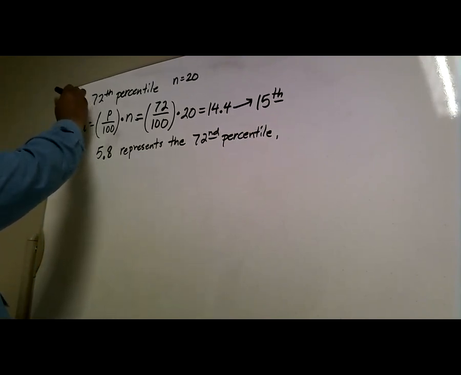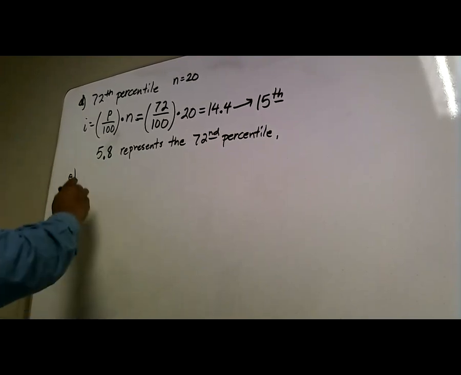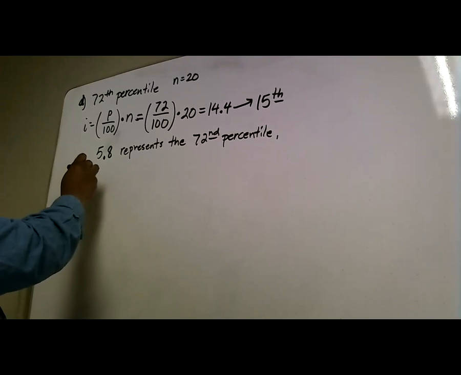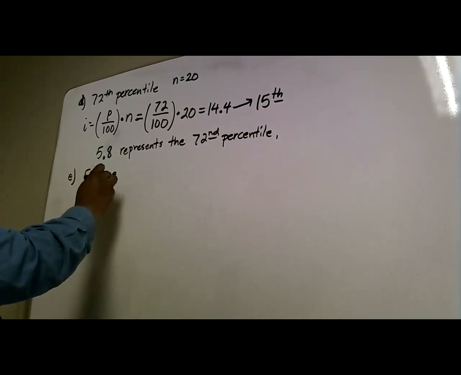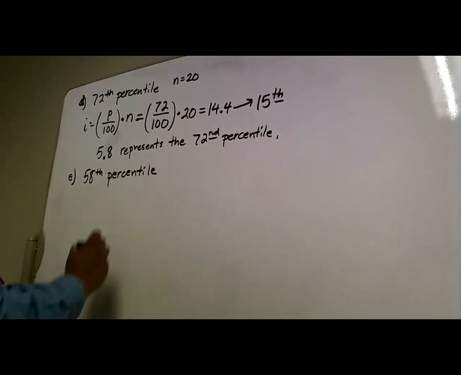This is D. This is E. E is the 58th percentile. So here we're going to find the data value that represents the 58th percentile.